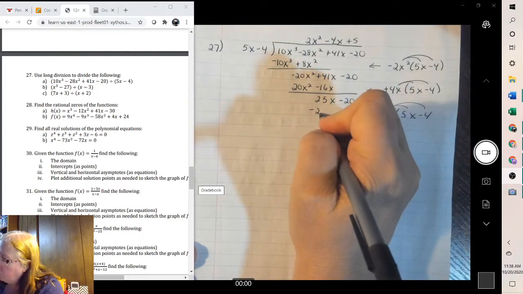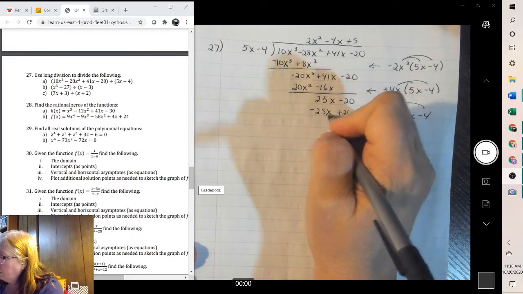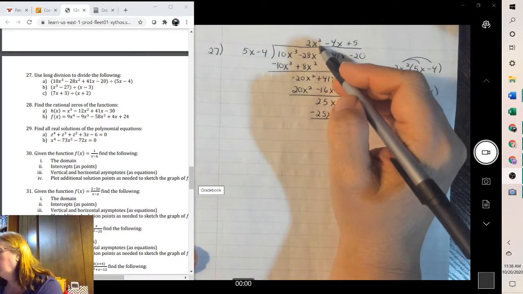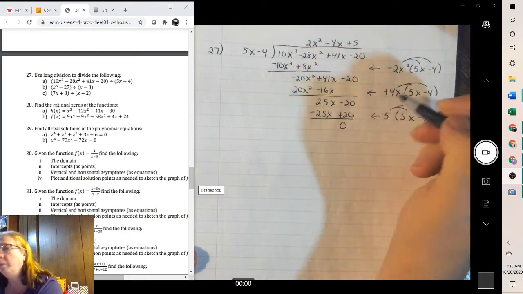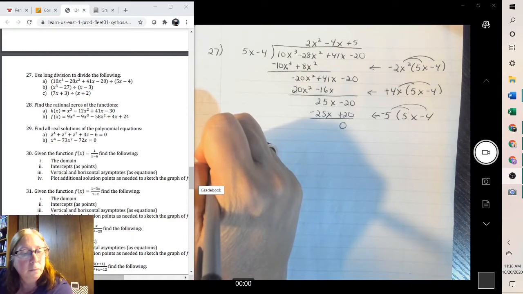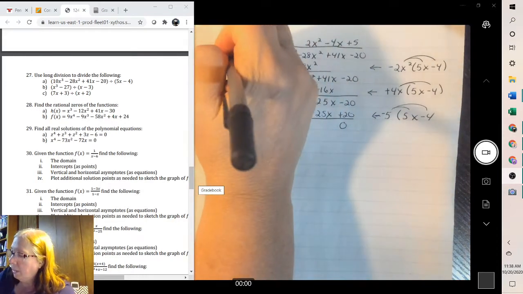Get a negative 25x plus 20. So my remainder is 0. So my answer is 2x squared minus 4x plus 5 with a remainder of 0. 27, that was A.